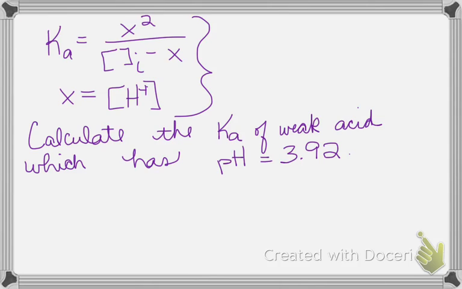Tell me how I do that again. 10 raised to the negative 3.92. Won't that give me the hydrogen ion concentration? Yeah, 1.20 times 10 to the minus 4.